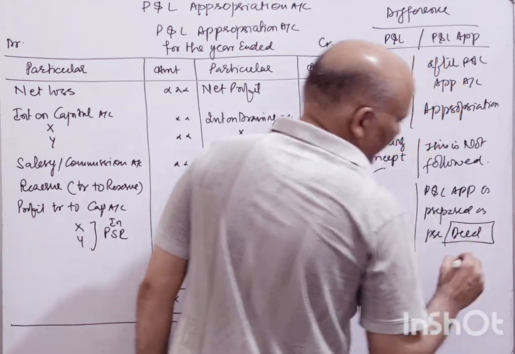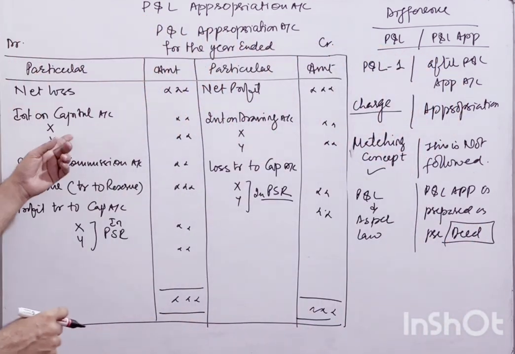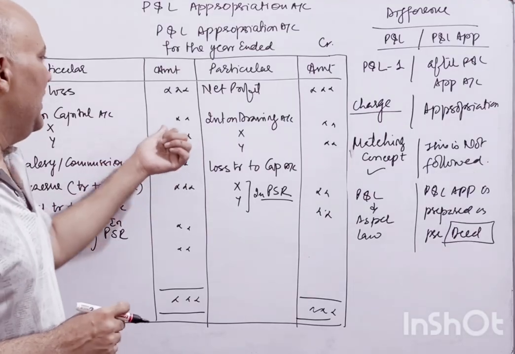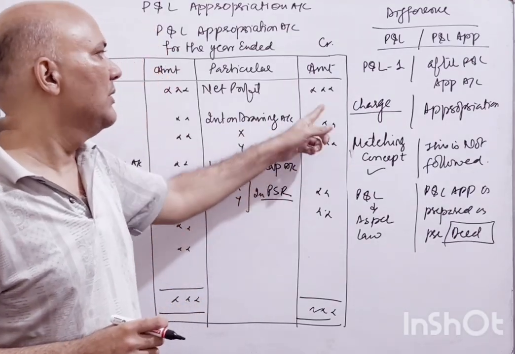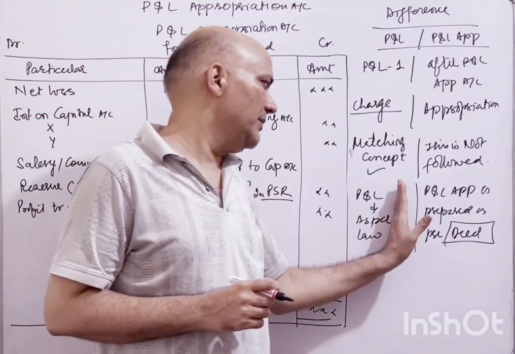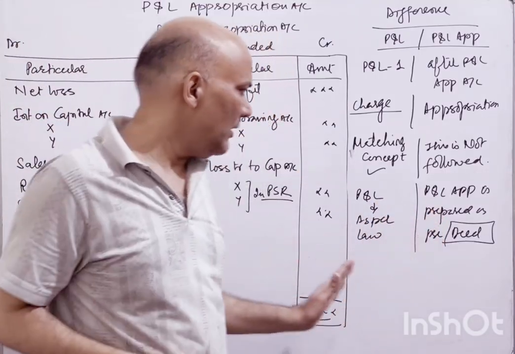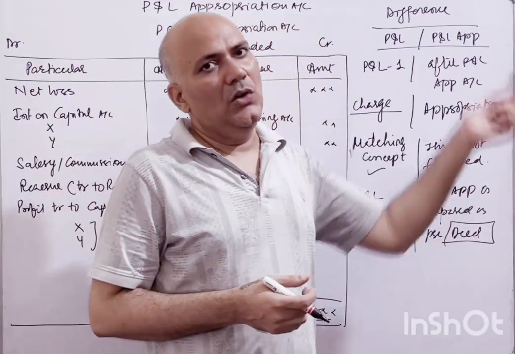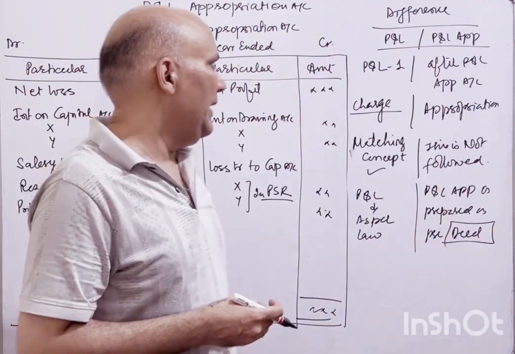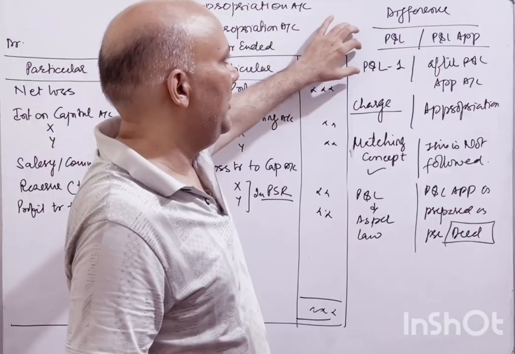Whatever the deed is there, you have to prepare. You have interest on capital, you will place the amount here. If you have interest on drawing to charge, you will place the item over here. So profit and loss is prepared according to the law, but profit and loss appropriation account is prepared according to the deed of the partnership, right? So these are the things you have to keep in mind.